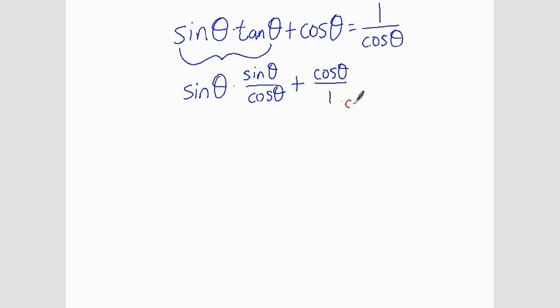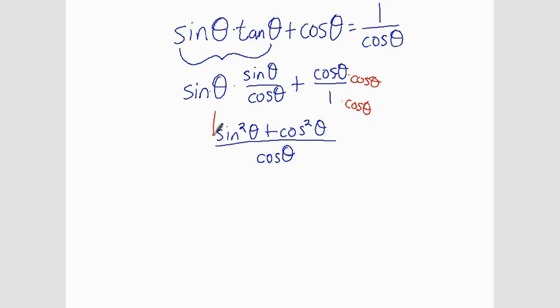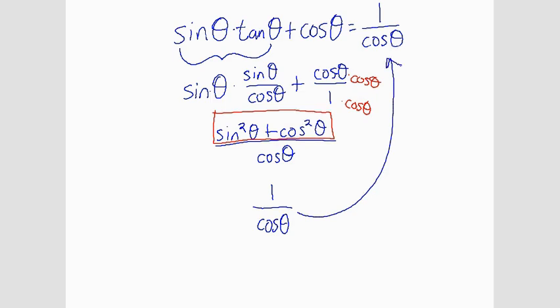And if I go ahead and grab a common denominator, which would be cosine theta, I get sine times sine is sine squared. I get cosine times cosine is cosine squared all over cosine in the denominator. And now here we have our magical Pythagorean identity. You'll always want to recognize this, so you can substitute in 1. We still have cosine in the denominator, which matches our right-hand side.